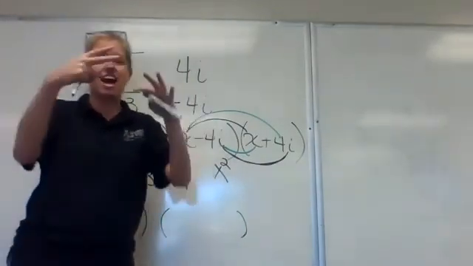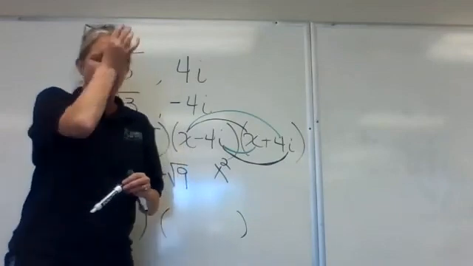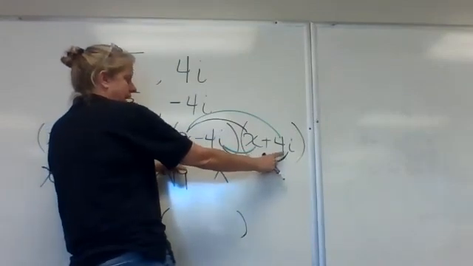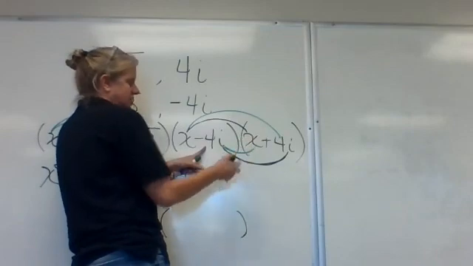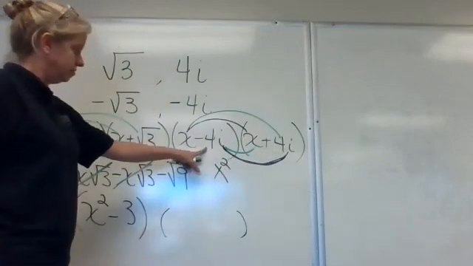I don't need to do the outer and the inner because they're just gonna cancel each other anyway. Because what would I have out here? I'd have +4xi, and then in here I'd have -4xi. They're just gonna cancel each other. So let's just go straight to our last.